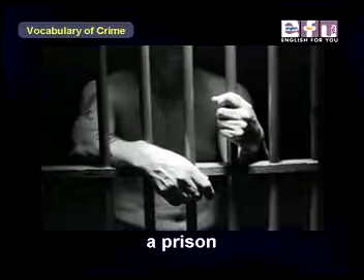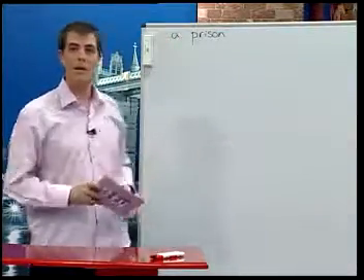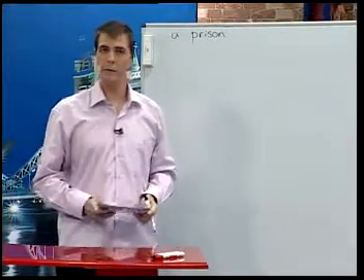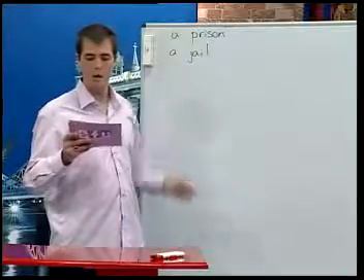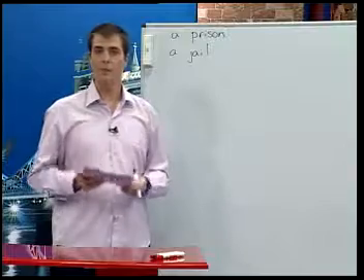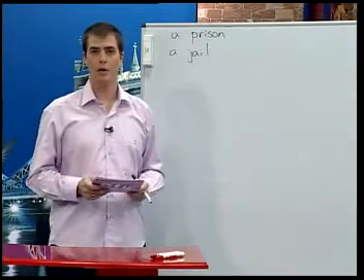First, we have a prison. A prison is a large building where people are kept as punishment for a crime. A jail is a place where people who have been charged with a crime are kept before they go to court.